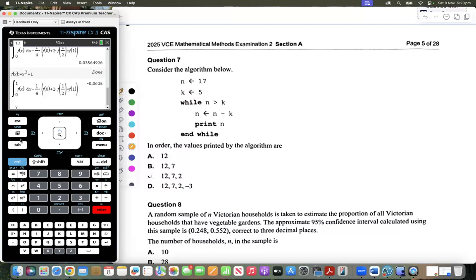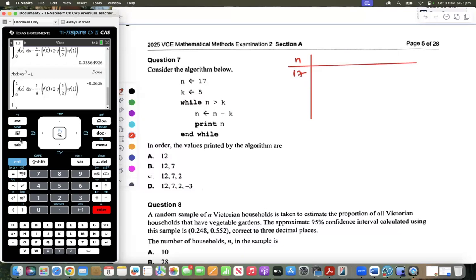So initially you have n and k values already assigned in the question. So let's do it. Your n value initially is 17, is given, right? Is 17.